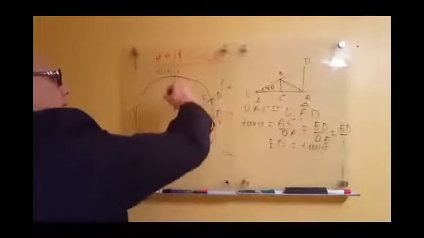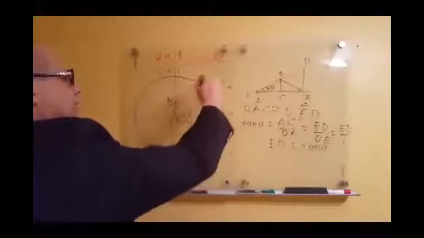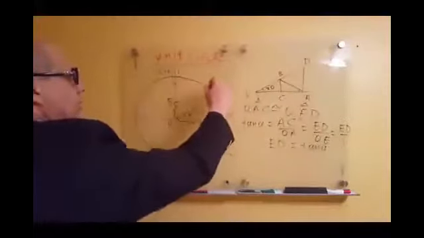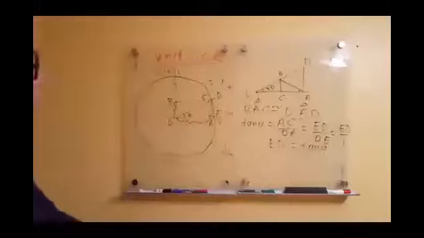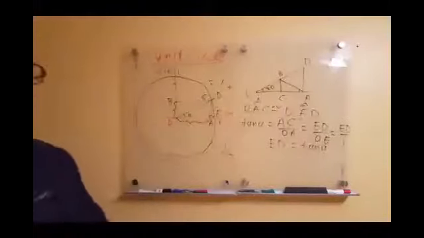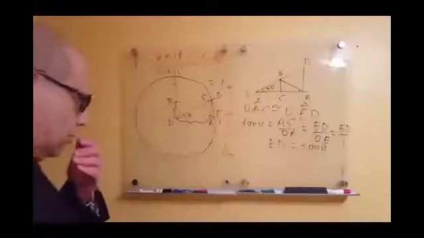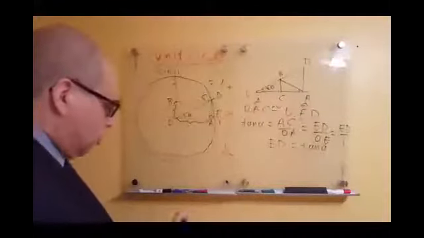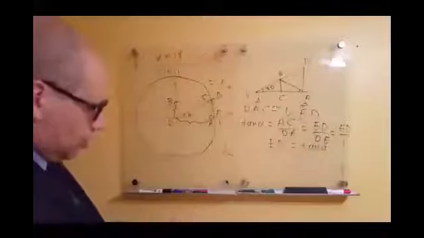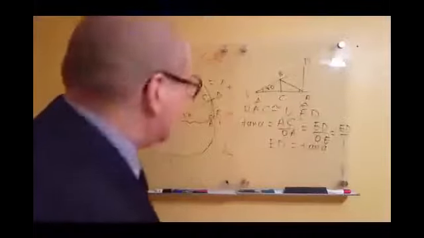When you reach the point of 90 degrees, because this line and this line are parallel, that means that the tangent of 90 degrees is infinity. So okay, now let's do something else.